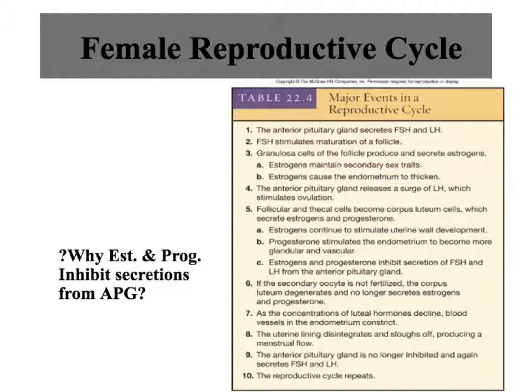In addition, if we look here at step C, estrogens and progesterone inhibit secretion of FSH and LH from the anterior pituitary gland. If we did not have that inhibition during that cycle, increasing levels of FSH and LH would promote the release of another secondary oocyte.